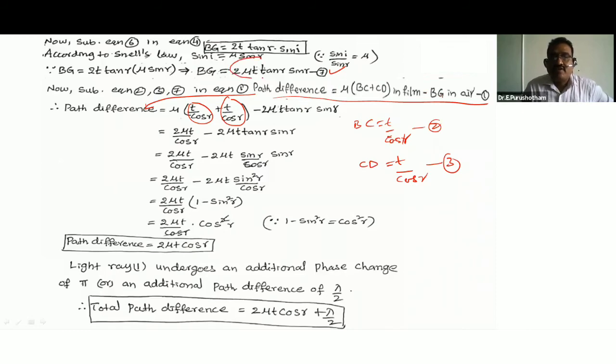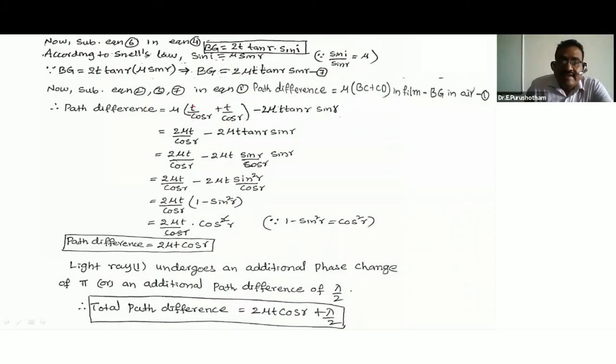Equation 7 substitution: 2 mu T tan R sin R. So we can write this as 2 mu T cos R, because T plus T by cos R plus T by cos R is 2T by cos R inside.